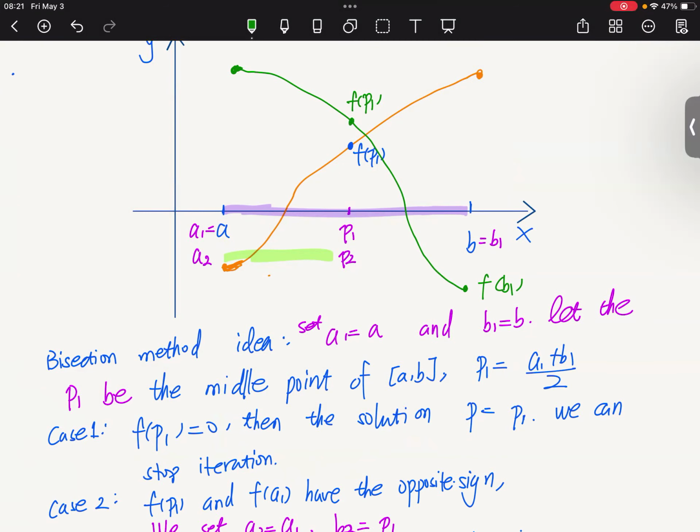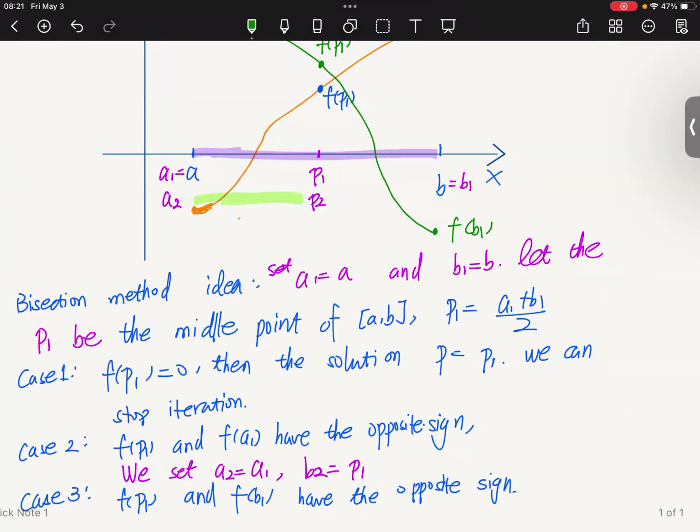So for this case, we are going to reset the interval. We set the interval A2 equal to P1, and B2 equals B1. Does it make sense here? That is how to reset the interval for each iteration.